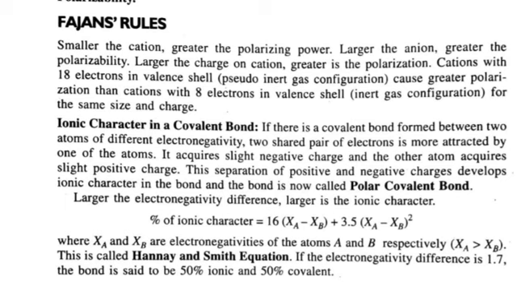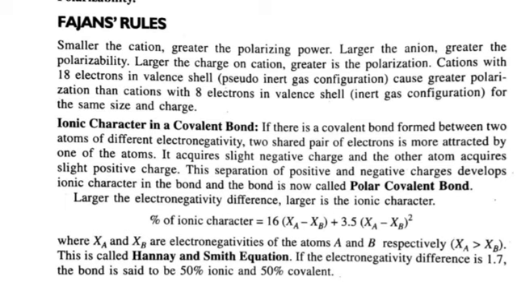This is called the Hannay and Smith equation. xa is the electronegativity of the first atom and xb is the electronegativity of the second atom. So in this way you can calculate the percentage ionic character.